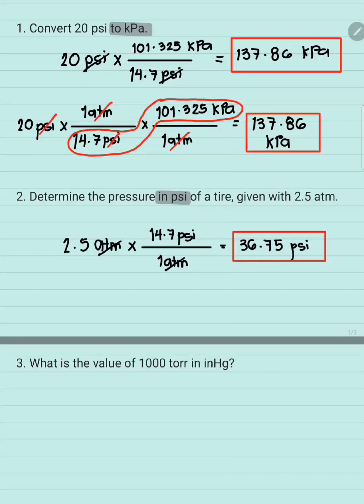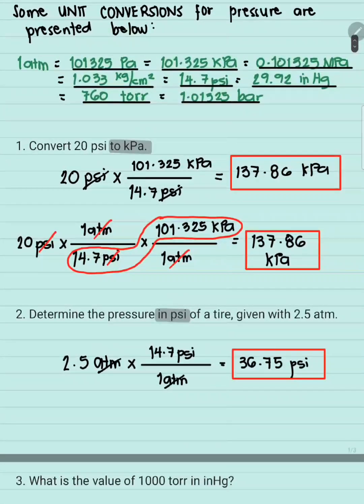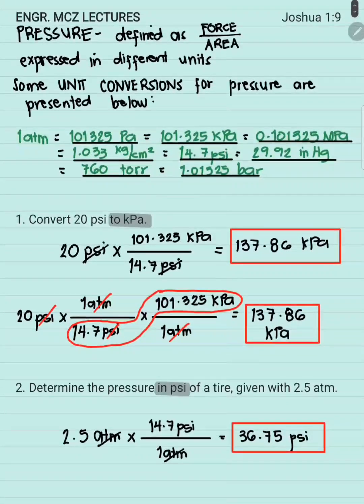That is our answer. It is important to memorize these units if you are reviewing for pressure units or taking topics regarding pressure. It is important to master these fundamental unit conversions for pressure first.